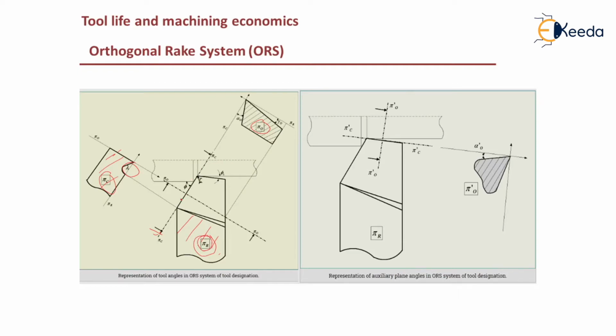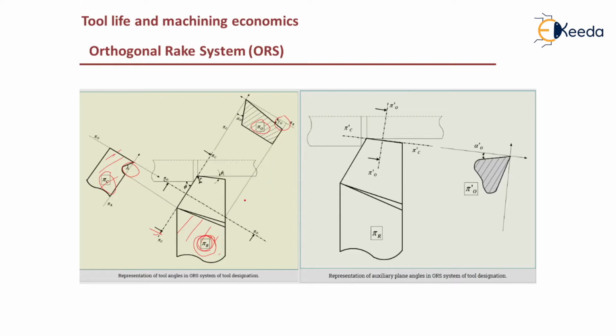So with respect to this, what is the angle of the tool's principal cutting edge? And then you have the orthogonal rake angle, given here. It is the angle of orientation of the tool's rake surface from the reference plane pi r, again the reference plane pi r, and measured on the orthogonal plane.